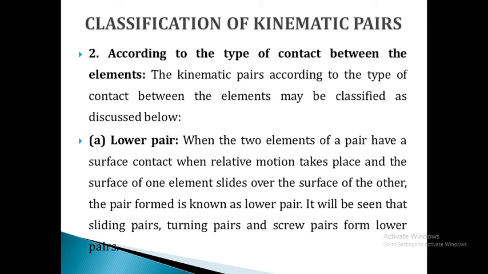As in the case of a steam engine, the piston slides along the cylinder walls, and the surface of the piston is in contact with the cylinder walls. Okay, so this type of kinematic pair is a lower pair.